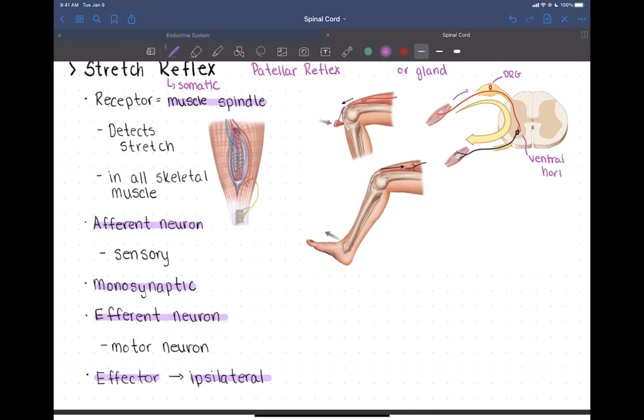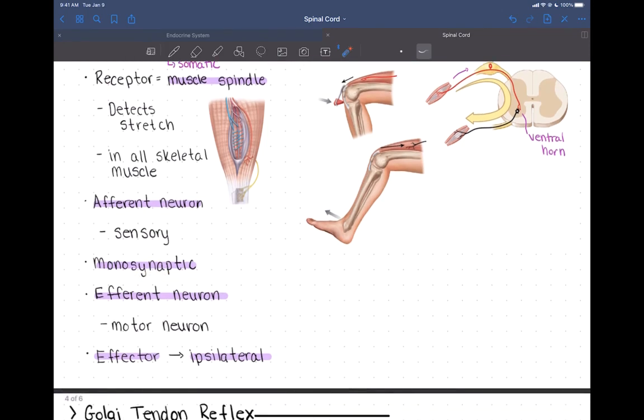You can see it is synapsing directly onto that motor neuron. There's no integration neuron in between, so this is a monosynaptic reflex. Then that motor neuron is going to leave efferent through the ventral root.